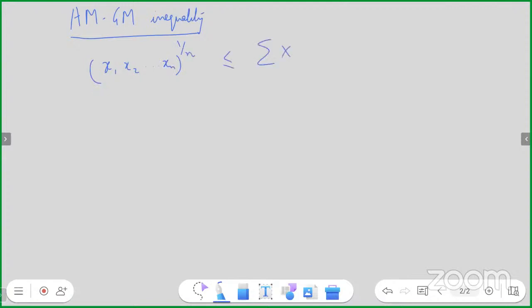Okay, so we try to apply it. Let's look at the statement for the numbers, one through n.